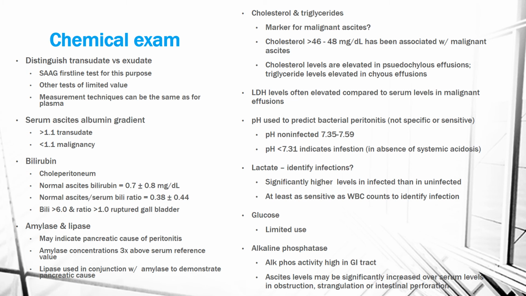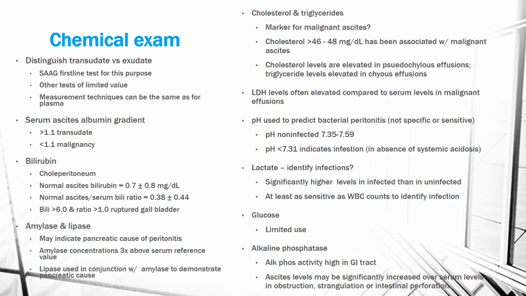If you start to get a lot of bili in your peritoneal fluid, that's usually a sign that something's going on with your gallbladder. And when we have a ruptured gallbladder, which is, of course, an emergency situation, we tend to see very high bilis, greater than 6, with a ratio greater than 1. That would be fairly indicative of a gallbladder issue, okay?